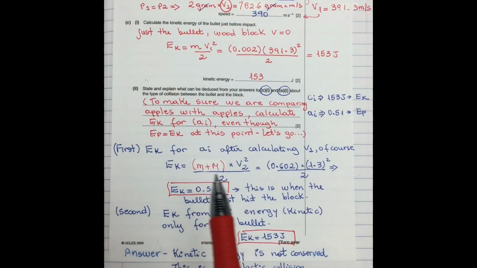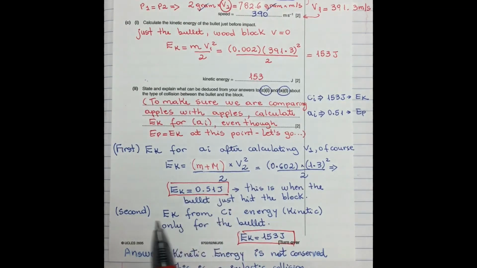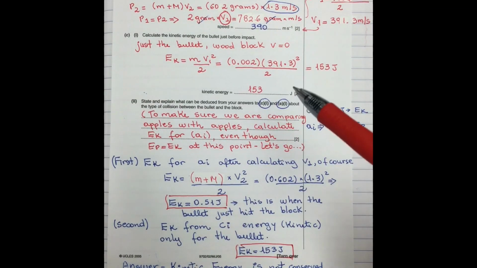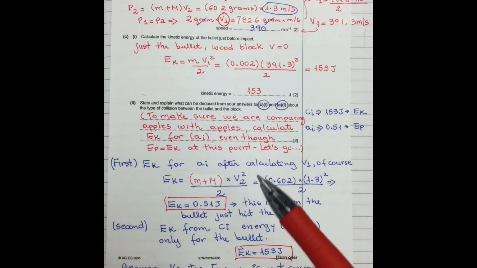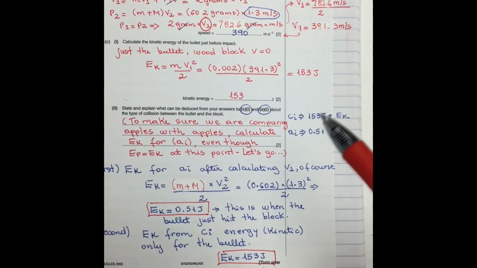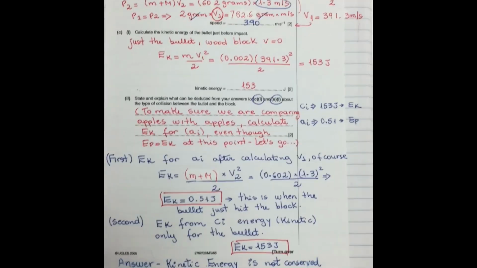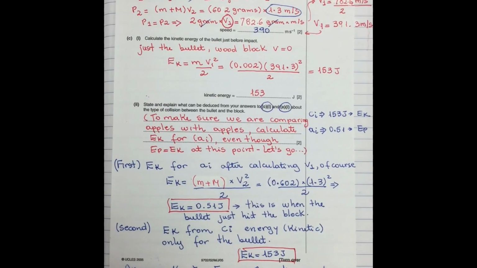We're using the kinetic energy formula, and the second one was calculated prior, 153. So that way we can see there is a difference between both kinetic energies. So just to reinforce what I said, this is a case of inelastic collision because the kinetic energy is not conserved.